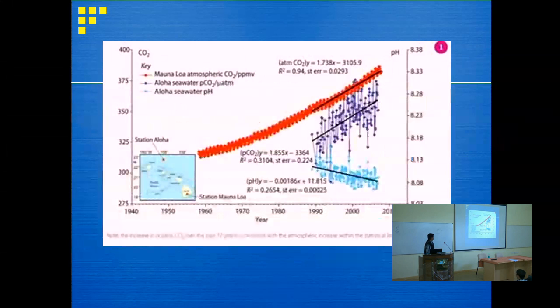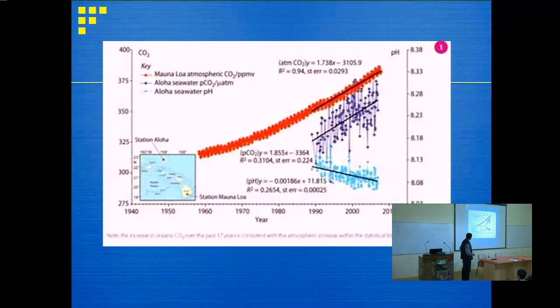We'll quickly go and see how the ocean behaves. This is again the Mauna Loa observation, which I showed, and this is the observation from stations close to where the ocean has also been monitored. What has been seen is that the ocean responds in the same way as the atmosphere. The ocean composition was also changing, and this gets reflected when you see the pH. It is getting more acidic with time.